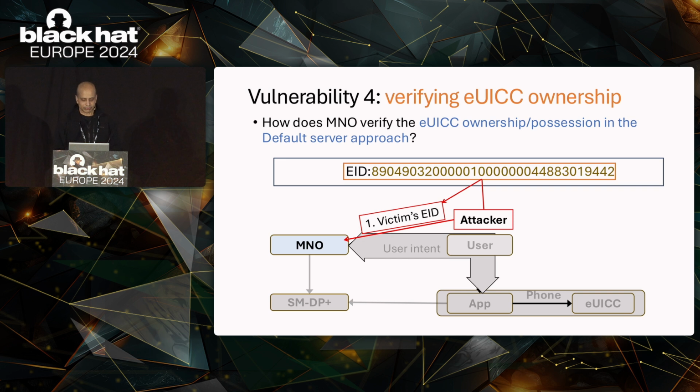The fourth one, which we are going to talk about, is, I think, one of the interesting vulnerabilities in this presentation: verifying user UICC ownership. Remember that in the beginning I talked about how each phone has a UICC chip, and it has an EID identifier.